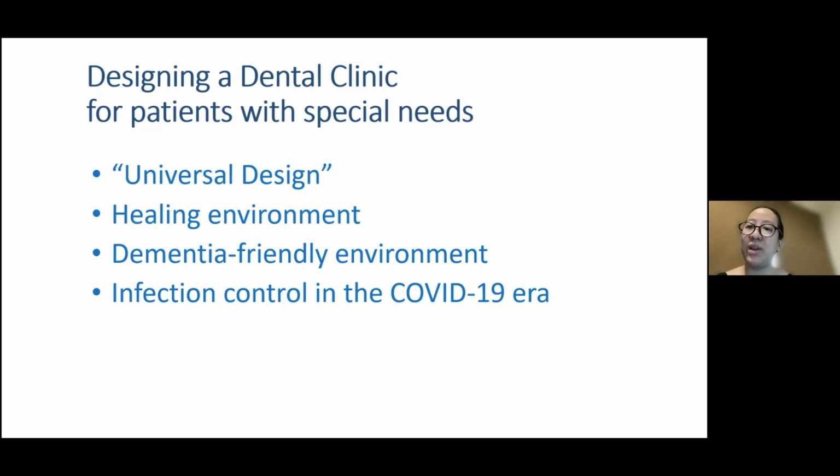The third one is how to make it a dementia-friendly environment, because we have more and more patients with cognitive impairment coming to see us. And the last one, how to make the clinic ready for the COVID-19 era.